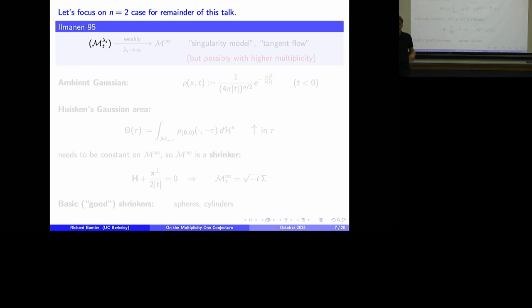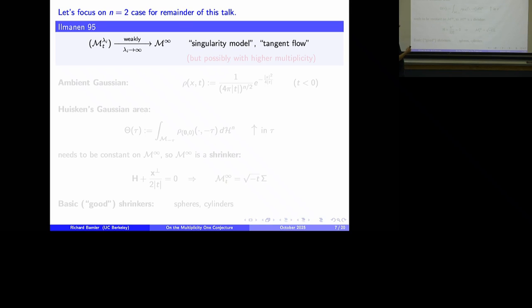What he could show is that if we have some mean curvature flow that develops some singularity somewhere at a point, then we can look at these parabolic rescalings for lambda_i going to infinity, and we can pass to a subsequence, and then these parabolic rescalings will converge to some limit, which is then defined from time -infinity to time 0. And this limit is what we call the singularity model, or the tangent flow. It's like a tangent space. When you take a manifold and you rescale it more and more, then you're going to converge to the tangent space. So this is how you should think about it.